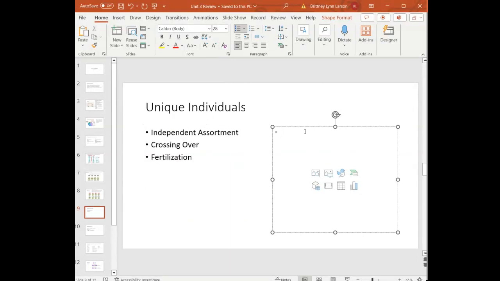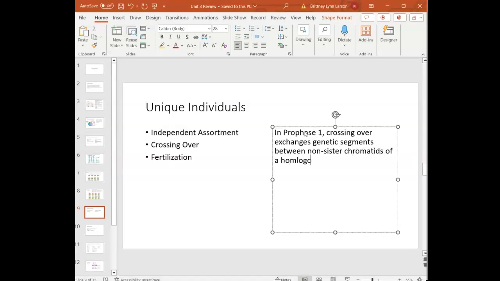So how do we get unique individuals was one of the quiz questions, and people didn't fully answer it. So let's answer it together so that we all have a rough idea of what that should look like, okay? In prophase 1, crossing over exchanges genetic segments between non-sister chromatids of a homologous pair.